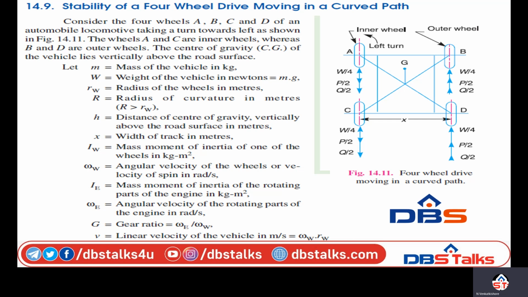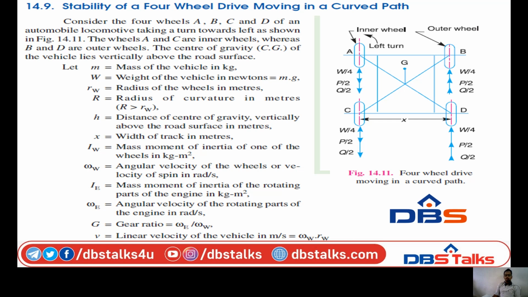Next, the effect of the centrifugal couple is discussed in the next class. So far we have considered the effect of gyroscopic couple on an aeroplane, on a ship, and on a four wheeler.